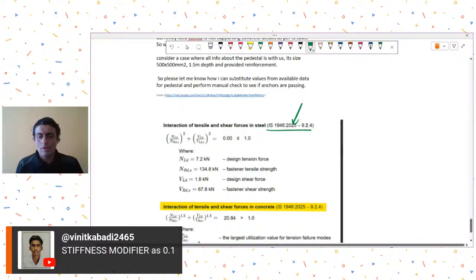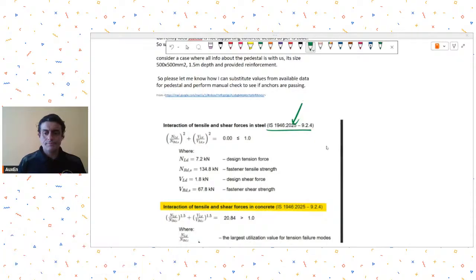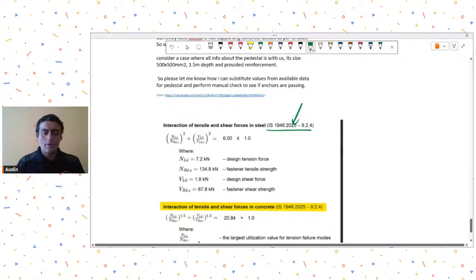So the newer versions of Idea Statica, it seems, design for the IS 1946 code, which I think is the code for anchor bolts in concrete. Let me just search it. IS 1946. Yeah, design of post-installed anchorage to concrete. Good, I didn't know that.